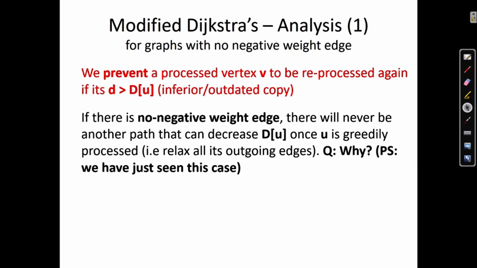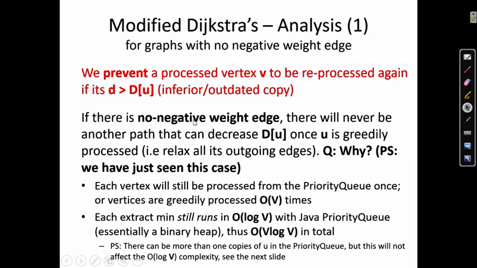So that means that each vertex is still processed only once from the priority queue. I might enqueue multiple copies of it, but I only dequeue and process one of them. After I process that one, all the inferior copies, I might dequeue them, but I don't process them anymore.